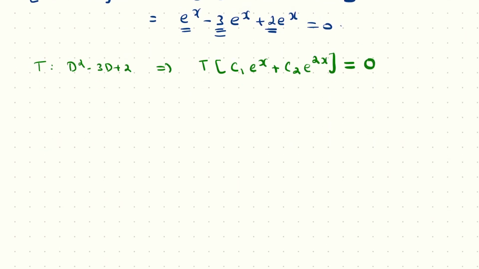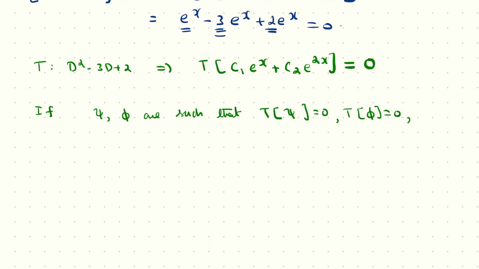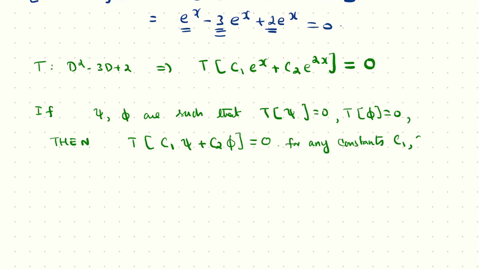So in general, if I summarize, I have the following. If c and phi are such that T of c equals 0 and T of phi equals 0, then T of c1 c plus c2 phi is going to be 0 for any constants c1 and c2.